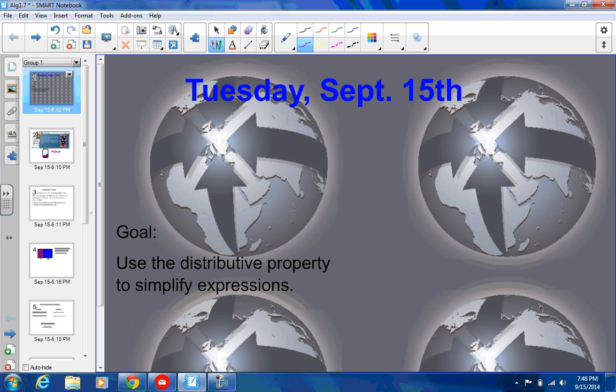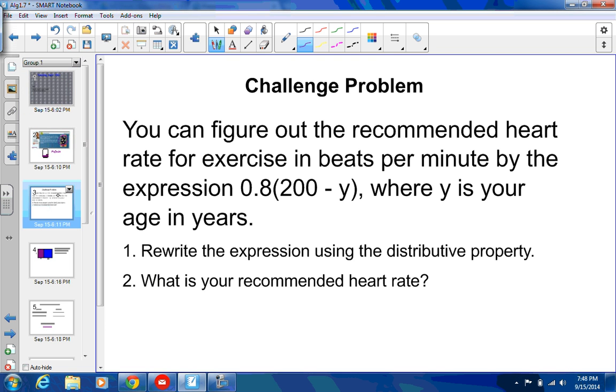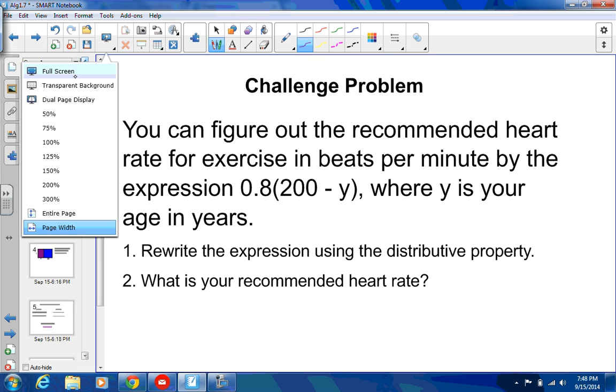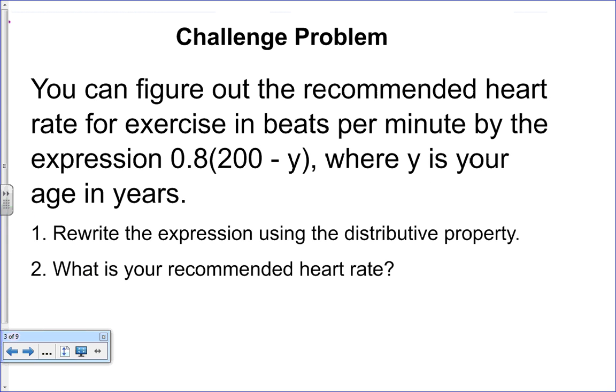All right. So if you look at the challenge problem for today, I'll make it big and we can read it together. This is what you should be able to figure out by the end of class. You can figure out the recommended heart rate for exercise in beats per minute by the expression 0.8 times the quantity 200 minus y, where y is your age in years.